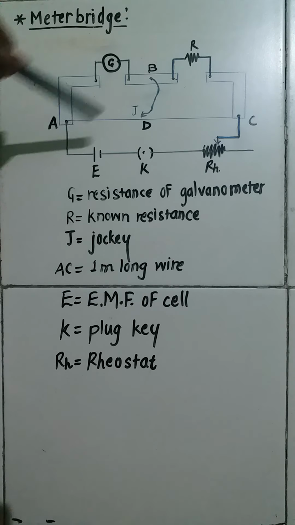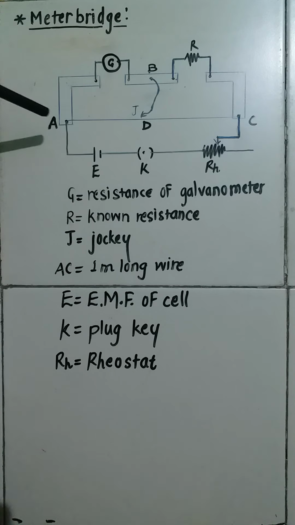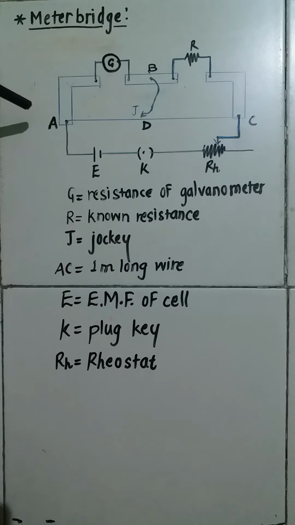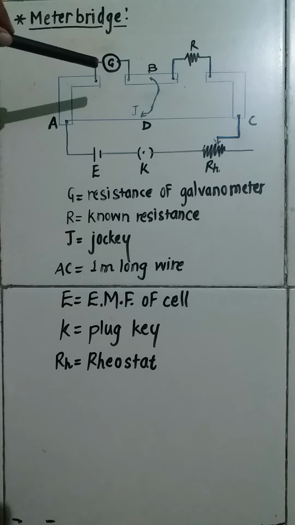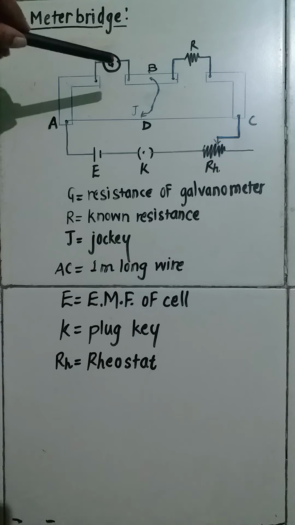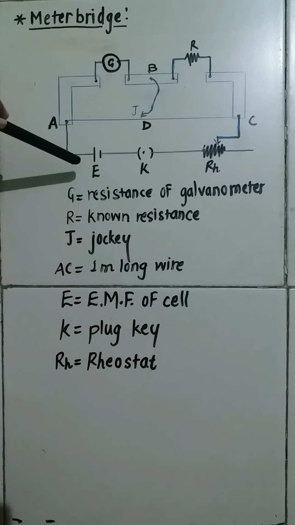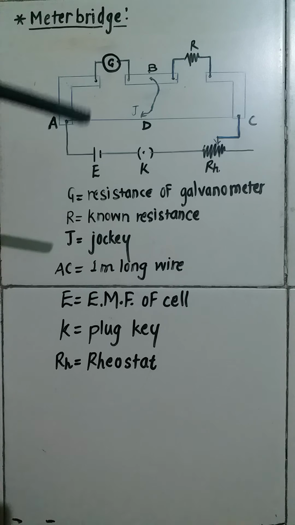AC is a 1 meter long uniform wire stretched on those metal strips, between points A and C. At junction point B, a jockey is connected. This wire AC is connected in series with a cell of EMF E, plug key K and rheostat RH in series combination.